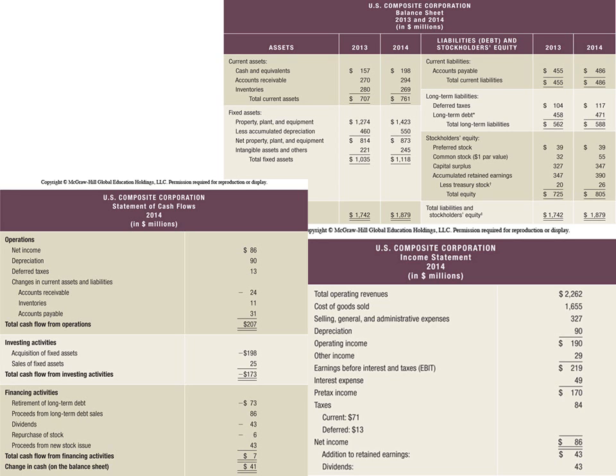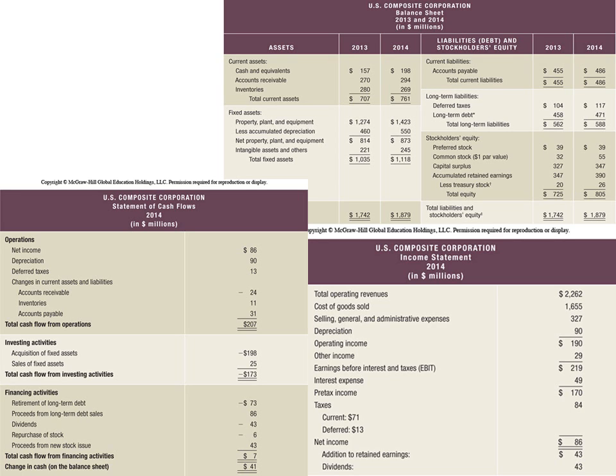For example, if you loan a friend $100, that friend's liabilities go up by $100, but the cash in their pocket also goes up by $100. When that friend pays you back, their liabilities go down by $100, but so does the cash in their pocket. And so with liabilities, the cash and the liabilities go in the same direction. With assets, the cash and the assets go in the opposite direction.